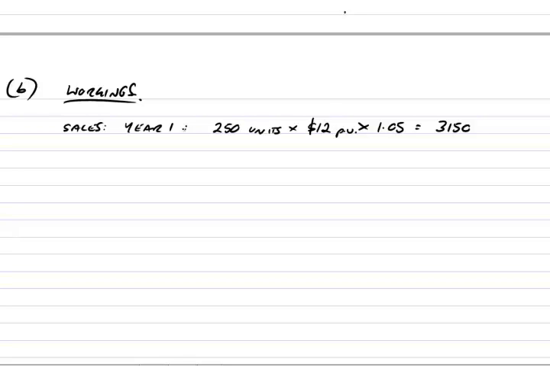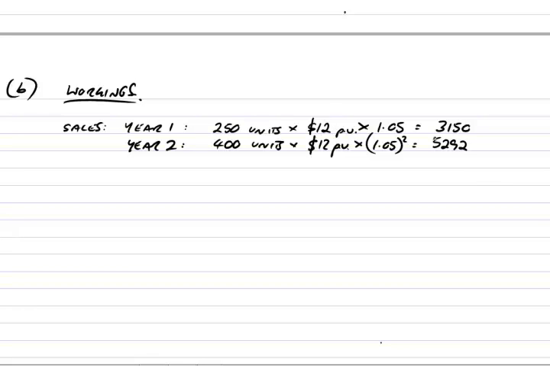I mean, just for your benefit watching me, I will write down year 2. Year 2, 400,000 units. At current prices, again, $12. But because we're talking about a flow in 2 years' time, there'd be 2 years inflation at 5%, 1.05 squared. That gives sales of I think 5292.